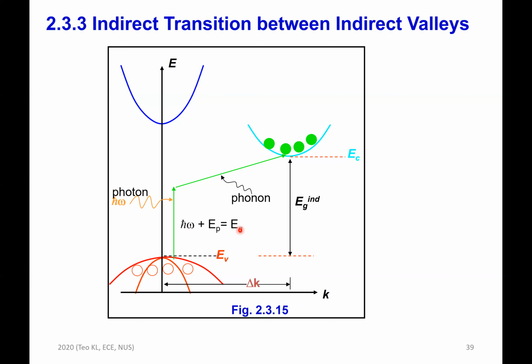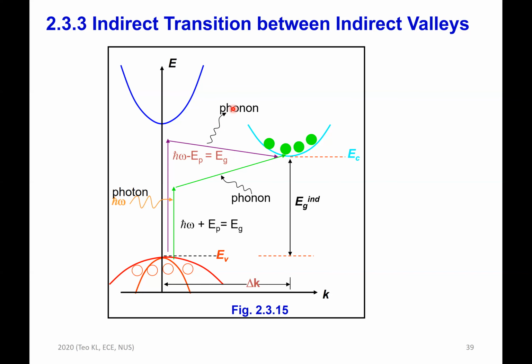Another way to do this is you can come in with a photon energy greater than this indirect band gap energy. So it goes to a virtual state by exciting the electron from the top of the valence band to a virtual state. And then you make a transition to the bottom of the conduction band by emitting phonon energy to the lattice.